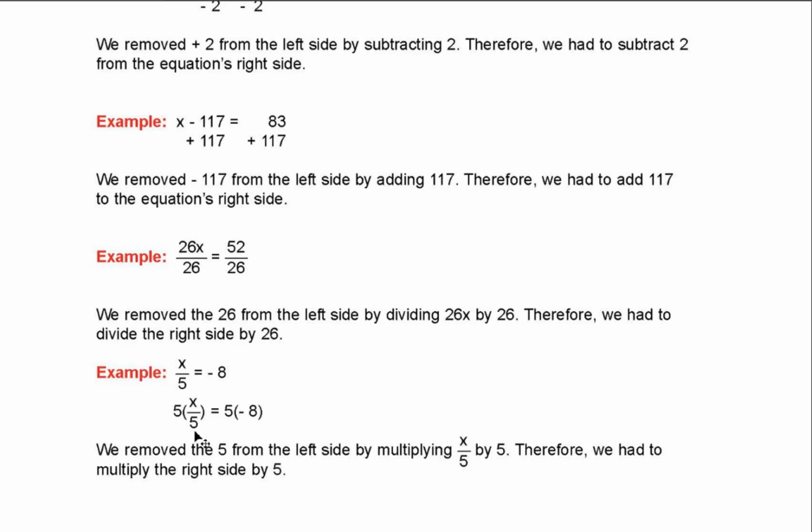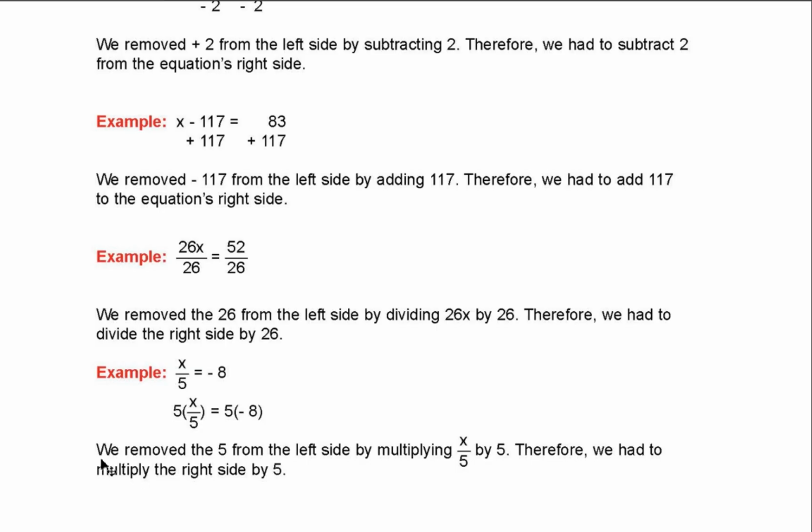Remember, what you do to one side of the equation, you must do to the other. So since we multiplied by 5 on the left side, we also had to multiply the right side by 5. So we multiply -8 by 5.